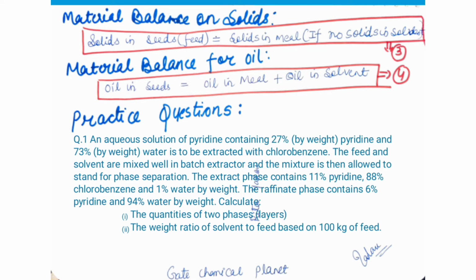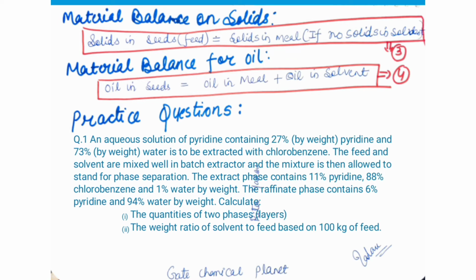So on the basis of this concept I explained here, we will solve a practice question. Question number 1 says: an aqueous solution of pyridine containing 27% by weight pyridine and 73% by weight water is to be extracted with chlorobenzene. The feed and the solvent are mixed well in a batch extractor and the mixture is then allowed to stand for phase separation.